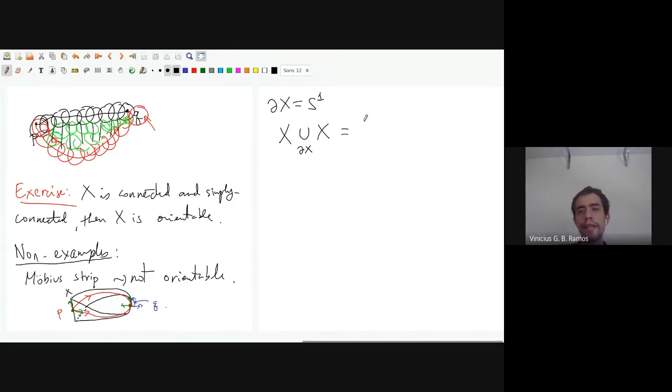This just means you take x disjoint union with x, and then you glue, so you quotient by some equivalence relation, and the equivalence relation is you say that x is equivalent to y if x, let me write it.